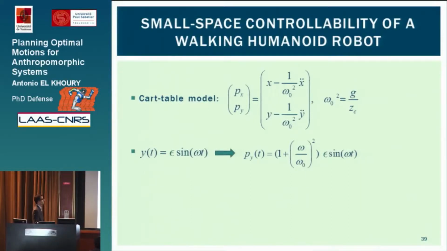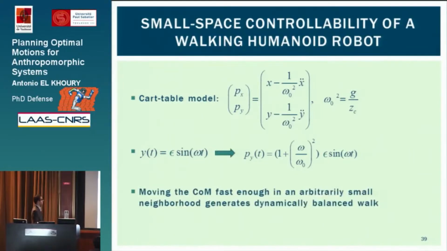We obtain also a sinusoidal wave of frequency omega, but we can see here that due to the double differentiation of this term, we have the frequency term that appears inside the amplitude. So the higher the frequency of the center of mass is, the greater the amplitude of the ZMP is. So this suggests that moving the center of mass fast enough in an arbitrarily small neighborhood generates dynamically balanced walking.